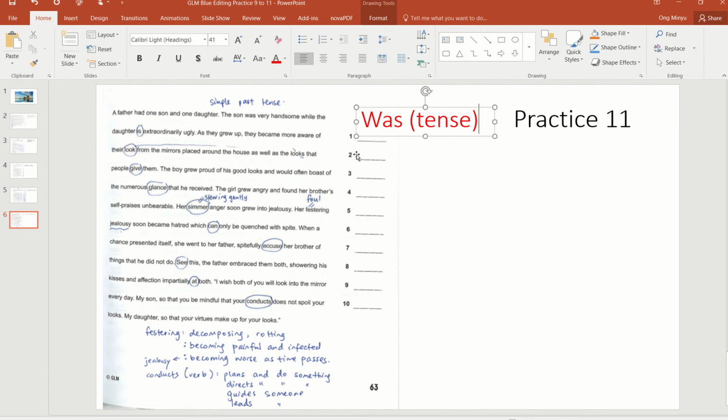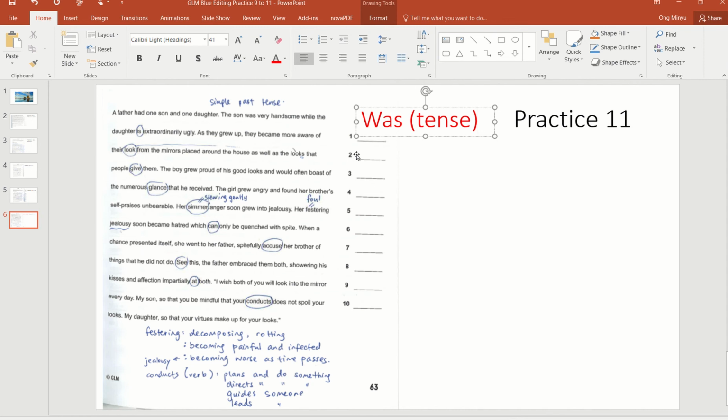Okay, let's continue. As they grew up, they became more aware of their look from the mirrors placed around the house as well as the looks that people give them. In this context, looks refer to their appearance. Okay, and the synonym for appearance is look.